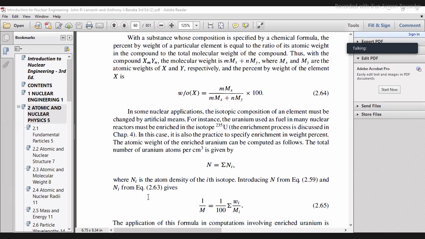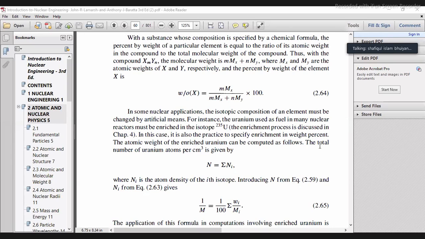It's this one. I'm not writing it since you are looking at the page. We are sharing it. So this will be 1 by M equal to 1 by 100 times the summation over Wi by Mi. So you can calculate this actually. You go to these two relations and put them together, you will get a relation like this.